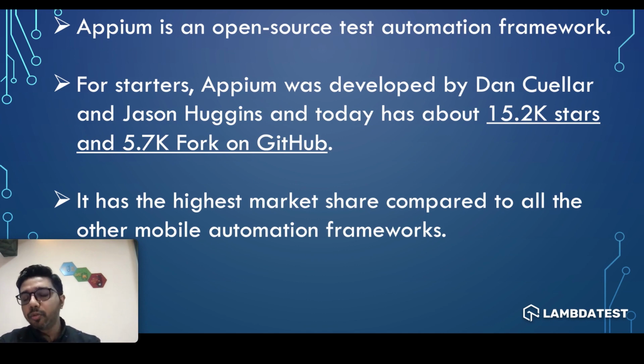It has a huge number of users, which you can see on GitHub, and to our surprise, it has the highest market share compared to all the rest of the mobile automation framework providers or automation tools. By this, we are just trying to explain that among all the options we have in the market, Appium is the most used and the most trusted one. Why?